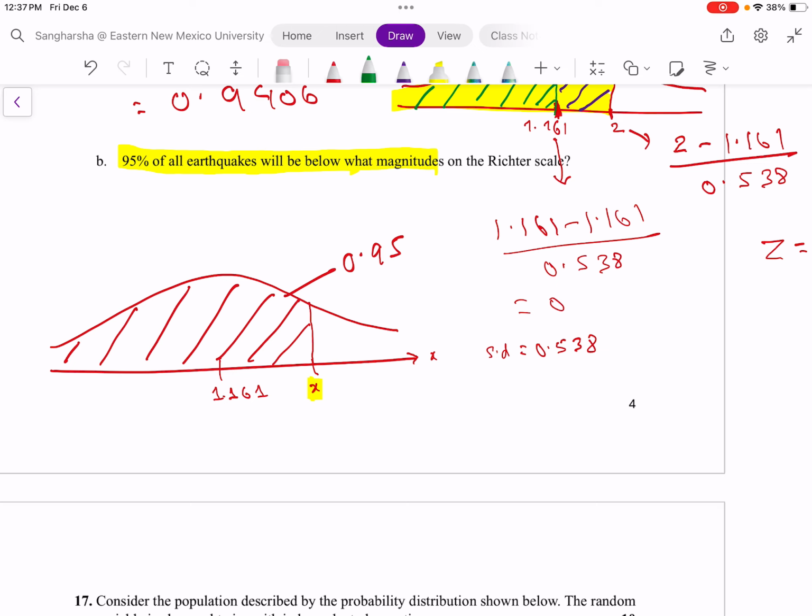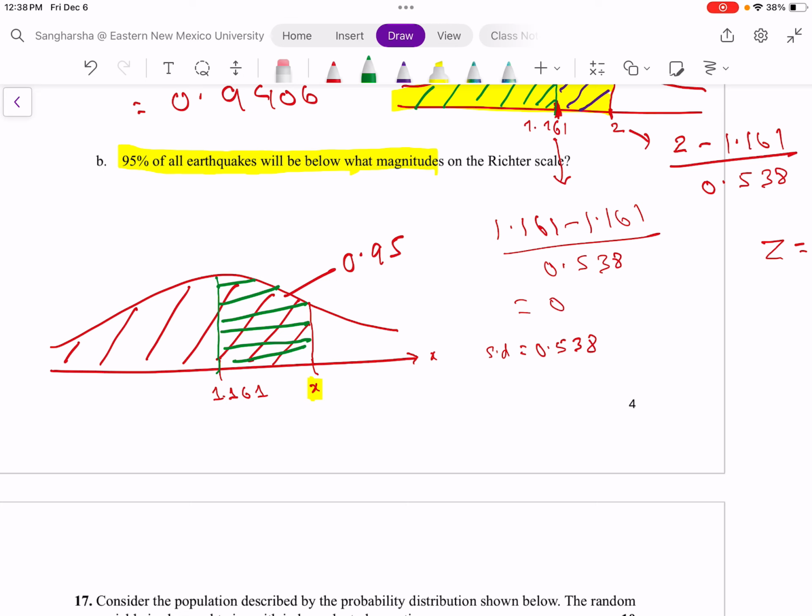Now this is at the center. Can you tell me what will be the area of this region? How do we find the area of this green region? From the left up to x, it is 0.95. From the left to the center, what is the area?